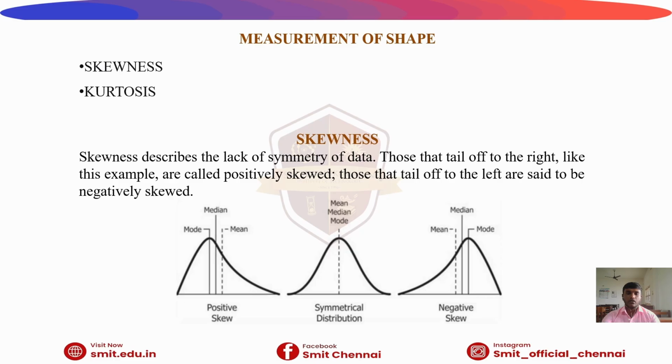Most values are on the right, with a few low values. Mean less than median, less than mode. Symmetry: data is evenly distributed around the center. Mean equal to median equal to mode. Understanding skewness helps in choosing appropriate statistical methods.